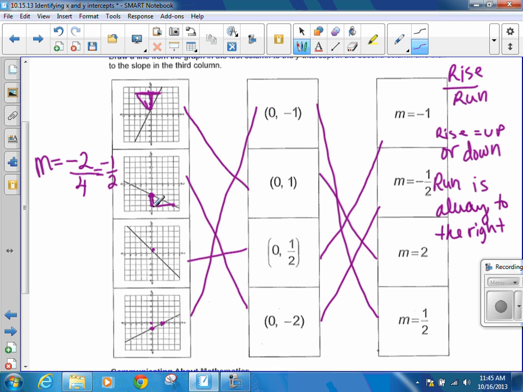If I decide to go down and over to the left, it's not going to be on my line. Some of you are making the mistake of rising up and then over. But this is your run, not your rise. So we rise first, then we run to the right, okay? This is just some extra to help you out.